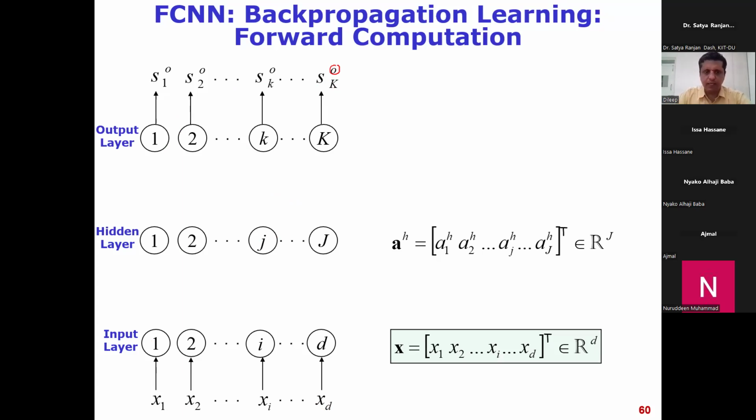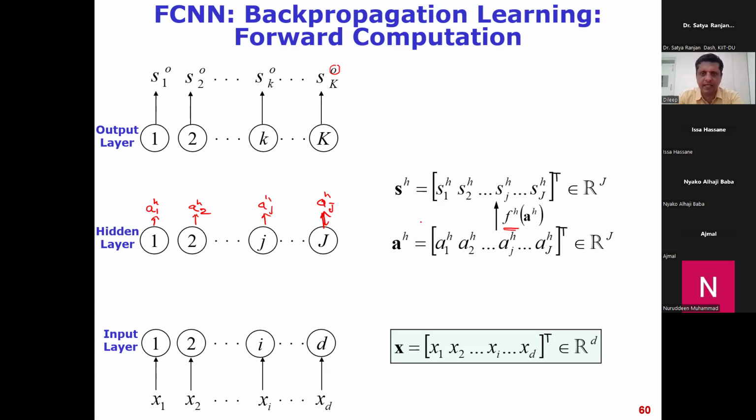These are the input to the input layer, and they are all fed as input to the neurons in the hidden layer, and each hidden neuron produces an activation value A1, A2, with the superscript H indicating the hidden layer. The vector of activation values is passed through the activation function to get the output of the hidden layer for the given input.